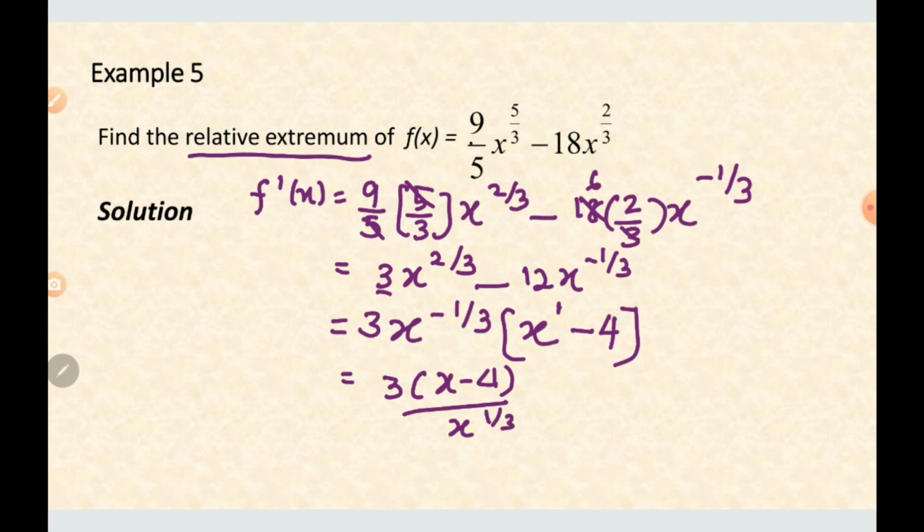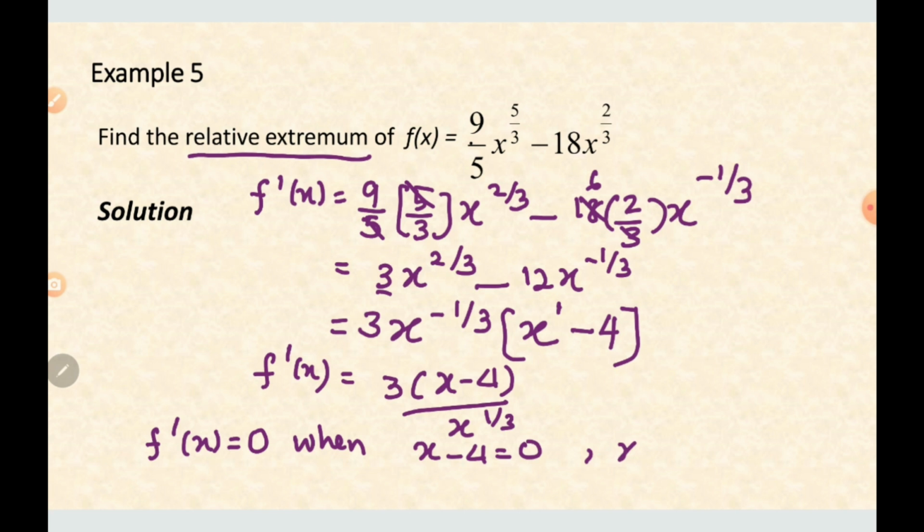Okay. So our conclusion here, this is a rational function. So firstly, we consider f prime x equals 0. f prime x equals 0 when x minus 4 equals 0, that is when x equals 4.